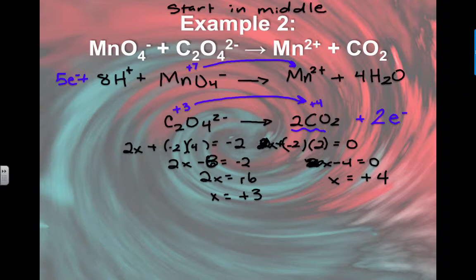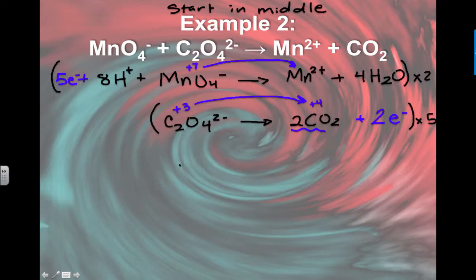Alright, well 5 and 2 are not equal, but I can make them be the same if I just multiply the top half reaction by 2, and then the bottom half reaction can be multiplied by 5, so that they'll each have 10 electrons, so that we can balance our electrons.